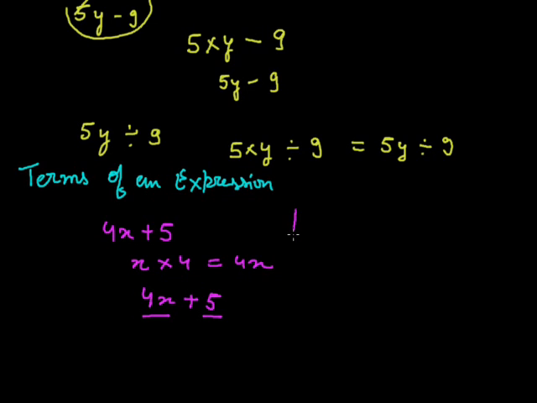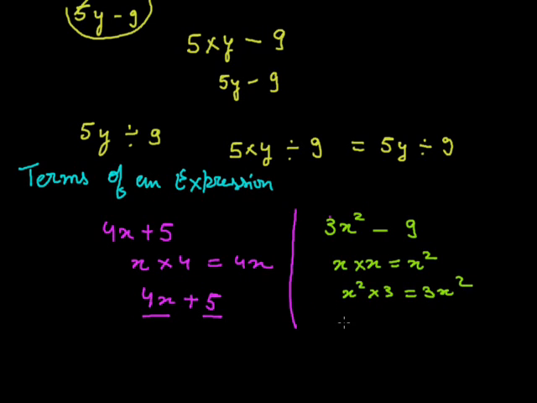Again, if I write 3x square minus 9, then this expression is obtained by multiplying x by x, that is we obtain x square. Then this x square is multiplied by 3, so we obtain 3x square.